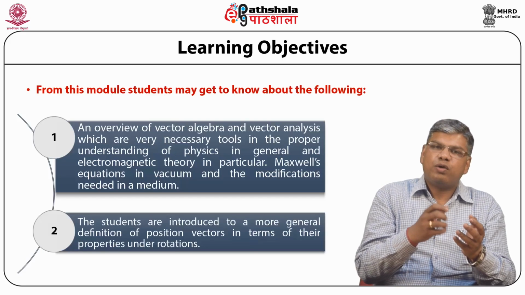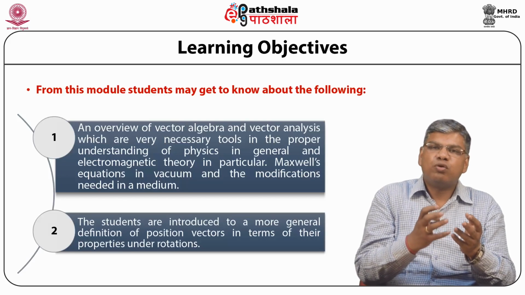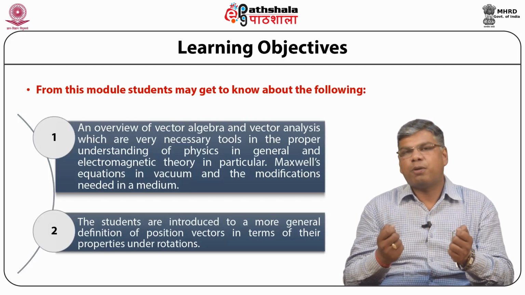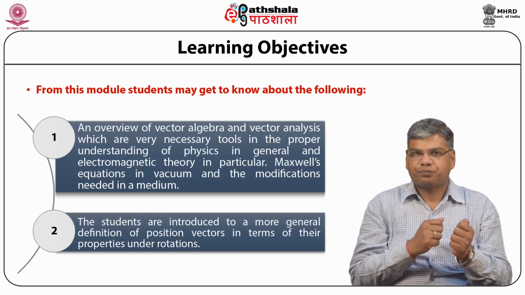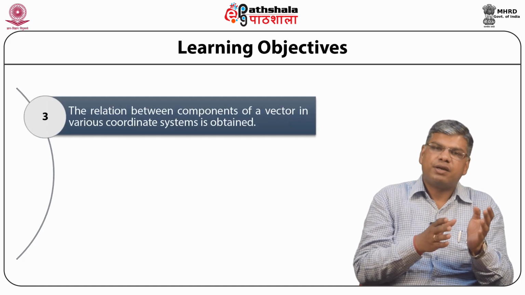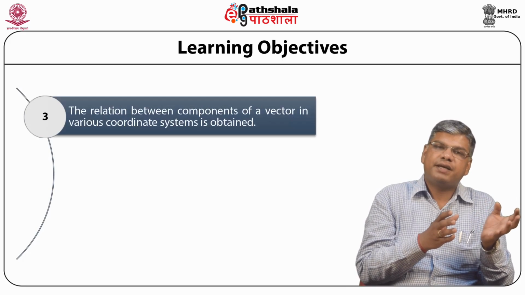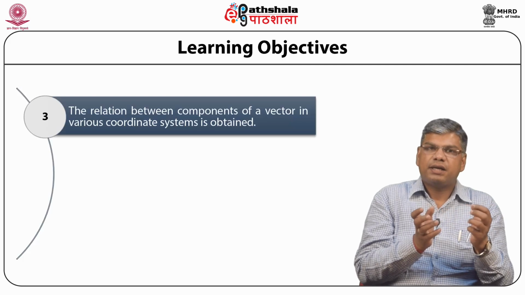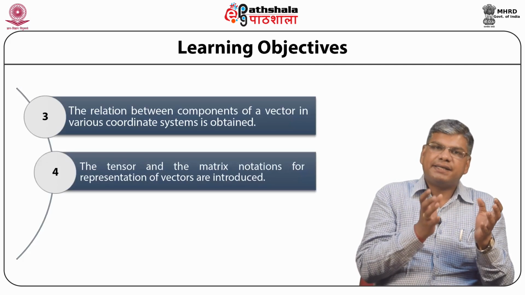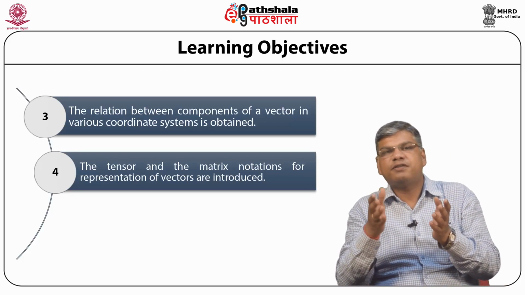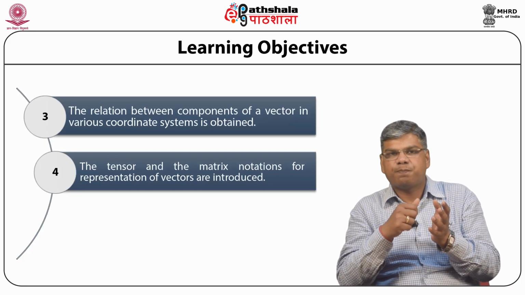Then you will also be introduced to a more general definition of position vectors in terms of their properties under rotation. After that, we will find out the relation between the components of a vector in various coordinate systems. Then we will look at the tensor and the matrix notations for representation of the vectors that are introduced.